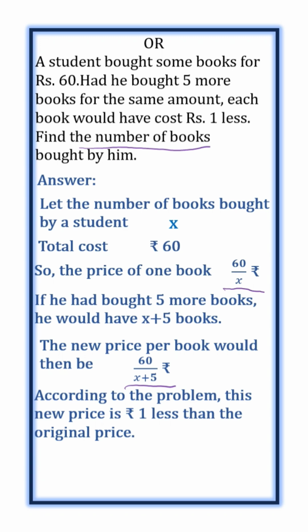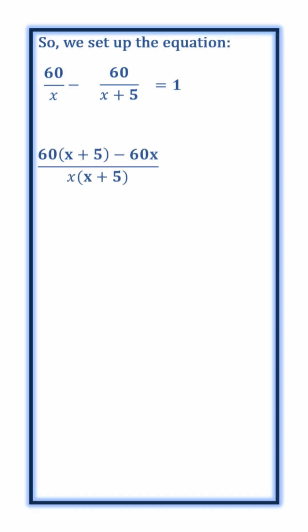So our next task is to set up the equation. Now 60 by x minus 60 by x plus 5 is equal to 1. Now let us take the LCM. x into x plus 5 in the denominator, 60 into x plus 5 minus 60x in the numerator, that is equal to 1.